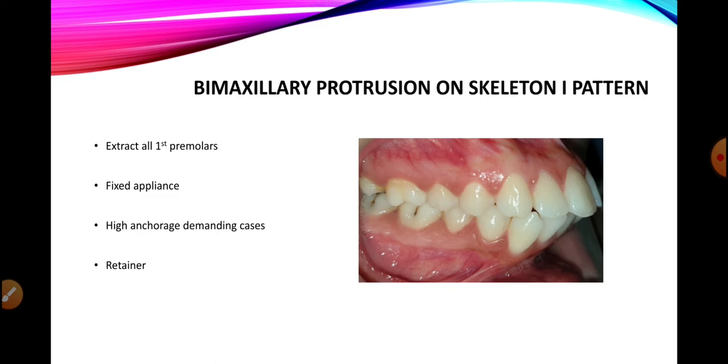Because the incisors are lying under the cingulum plateau, we are categorizing it as a class 1 malocclusion. In cases of bimaxillary proclination, usually the management is very difficult, because both the upper and the lower incisors need to be retroclined to reduce the overjet.